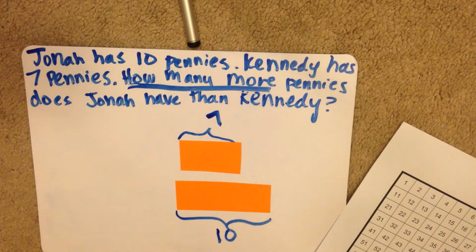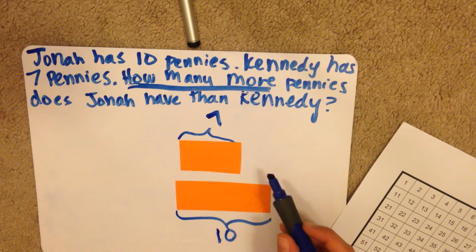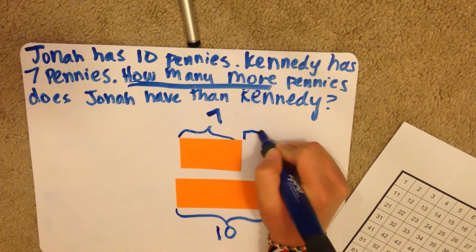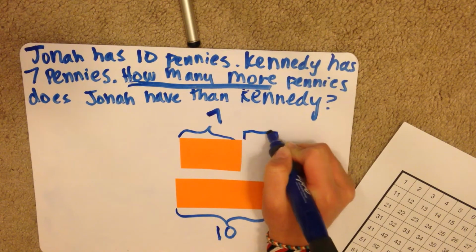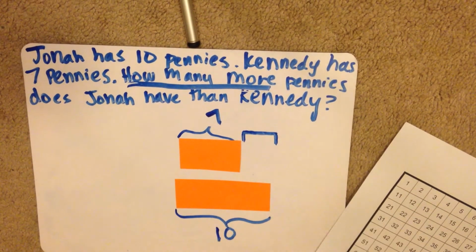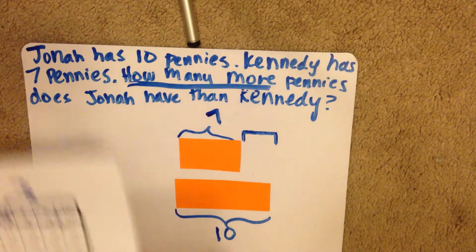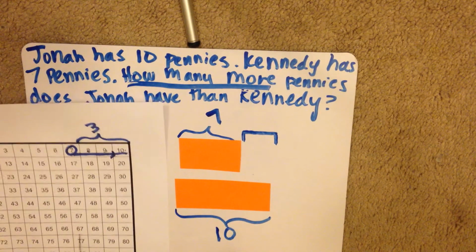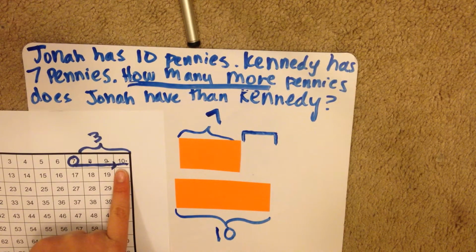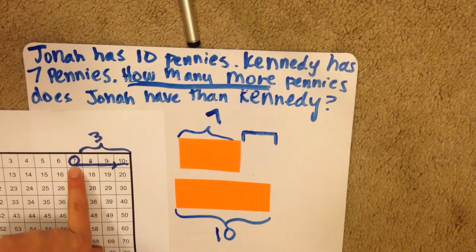Next, what we're trying to find is how many more pennies Noah has compared to Kennedy. So this distance right here, this amount of pennies, is what we are trying to find. So we know by looking at our hundreds chart again that Noah has 10 and Kennedy has 7.